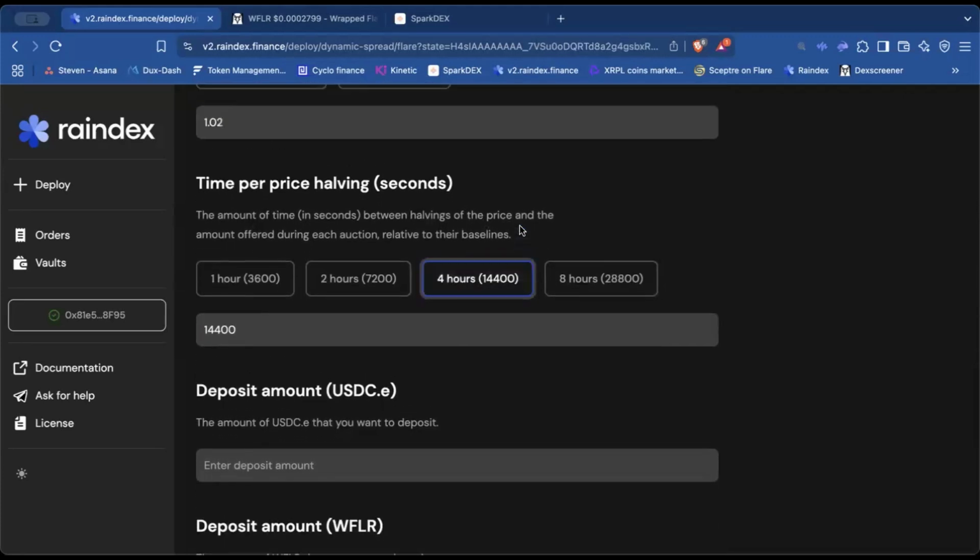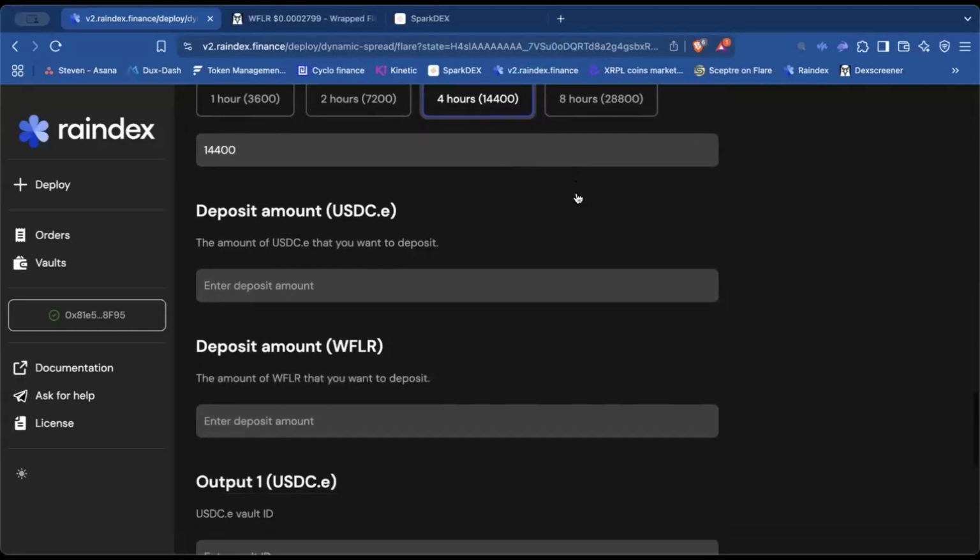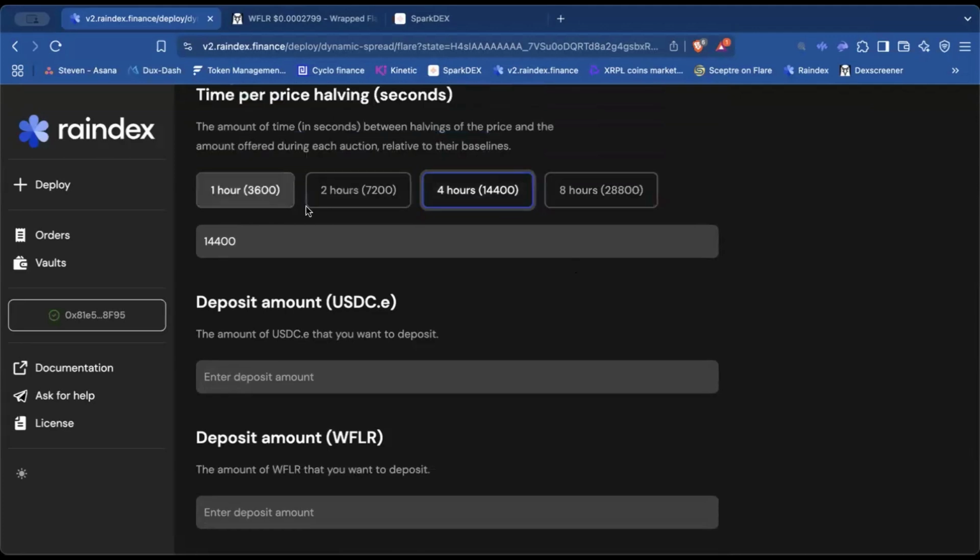So what you're saying, to make sure I understand, is it hits the price point, but if nothing happens in 4 hours, I'm saying, all right, let's cut that in half so we can try again. Exactly. The faster that it halves, the more you're going to trade, because I'm resetting it to zero faster. Correct.